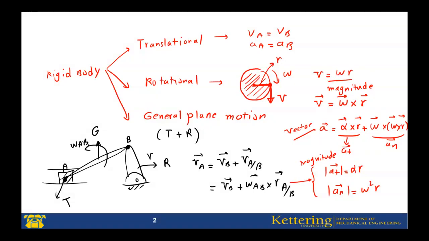It's the angular velocity of this link. R A with respect to B means that B wants to go to the A position. This is R A with respect to B. These are what we discussed in previous lecture.